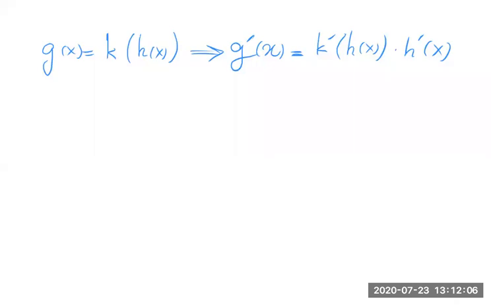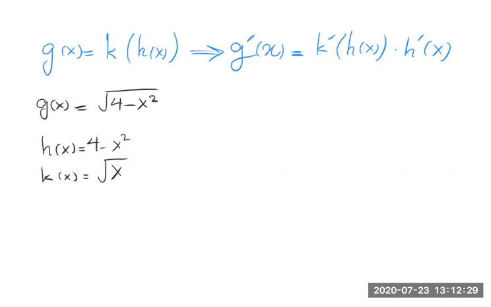Let's see how it works in our case. The function g of x is the square root of 4 minus x squared. We can write it as k composed with h of x, where h of x is 4 minus x squared and k of x is the square root of x.